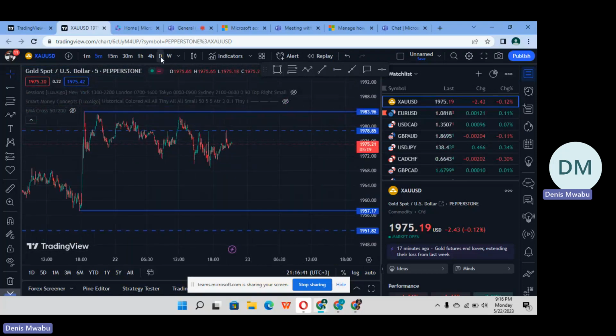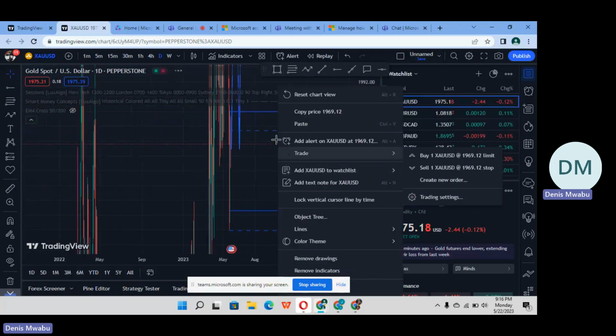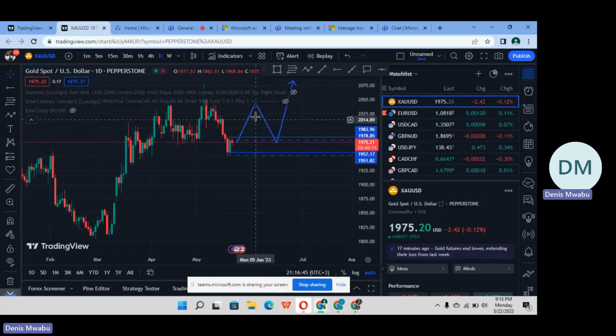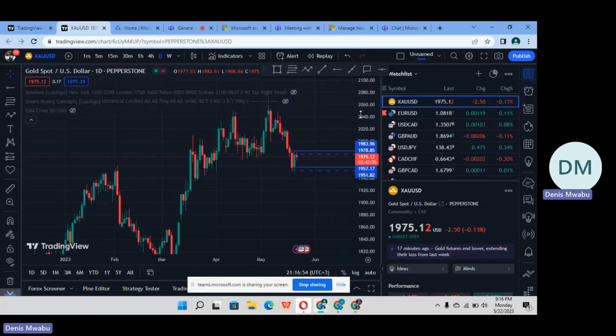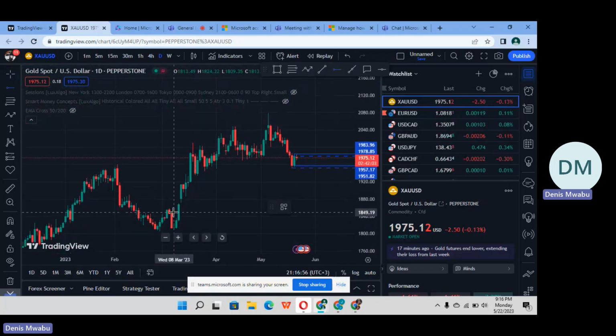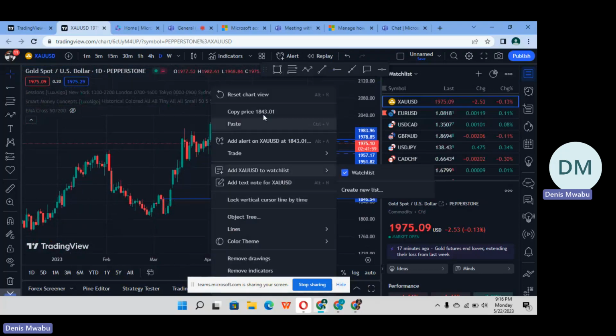So after that, I usually go to the daily time frame, and on the daily time frame, this is where I look at what we call price action, like what is the direction that price is moving towards. On the daily time frame, I can see clearly there is a demand zone here, and this demand zone is the one that has actually caused this move.